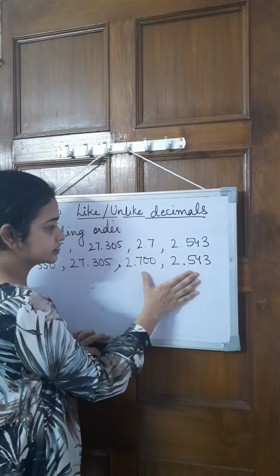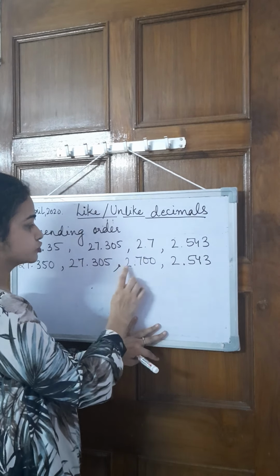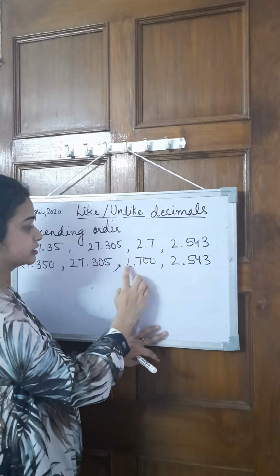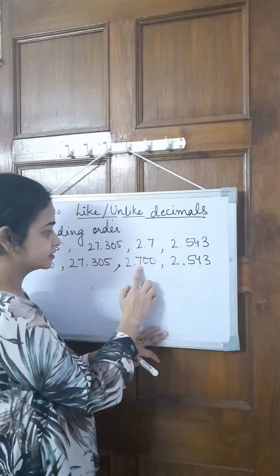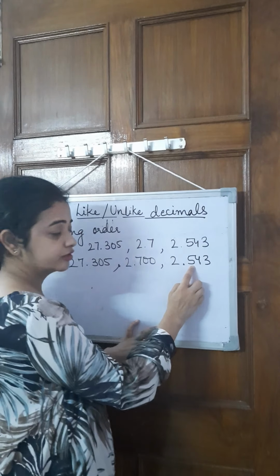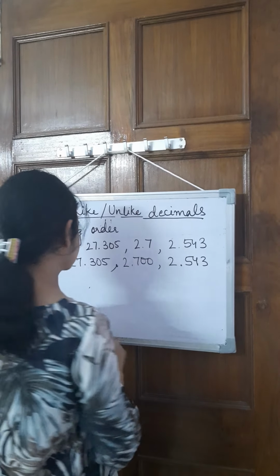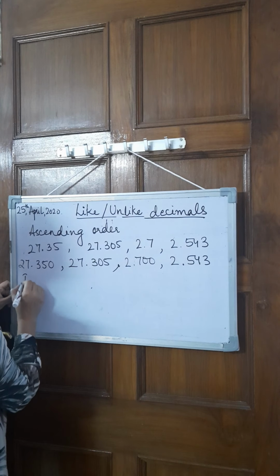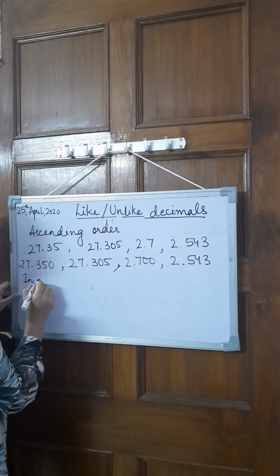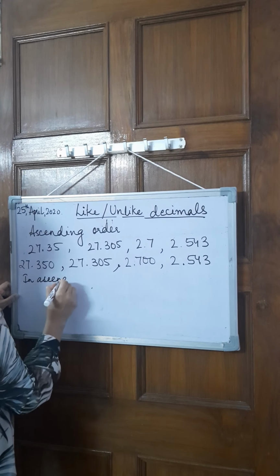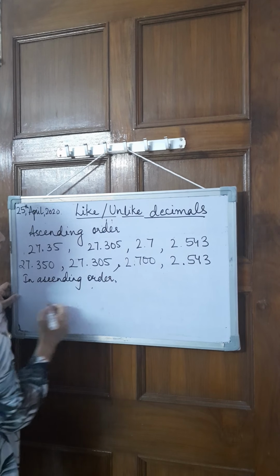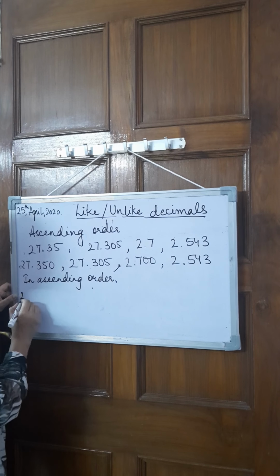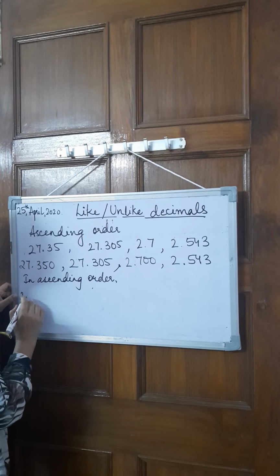If I see these two numbers, then 2 and 2. This part is the same. Then take the next part, that is the 10th part. This is 7 and this is 5. So yes, this is the smallest number. So in ascending order, what I can write as the first number. Point.